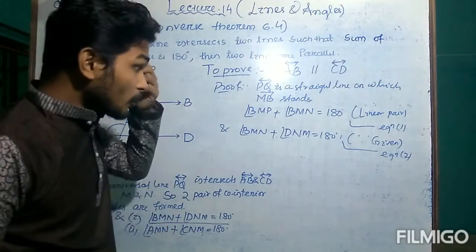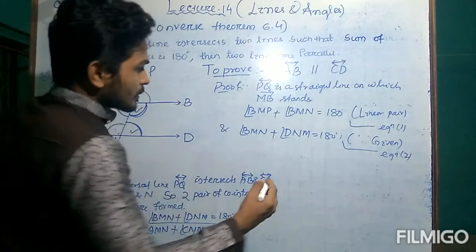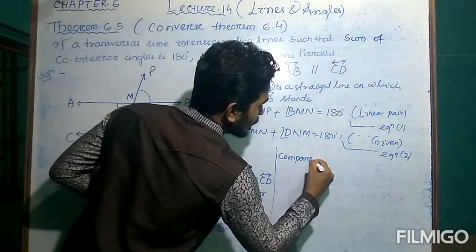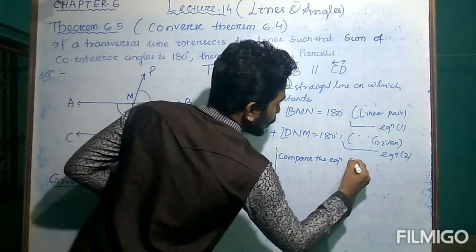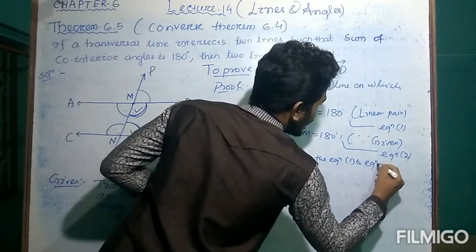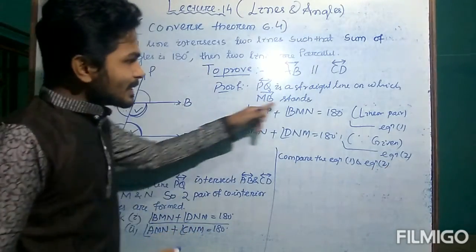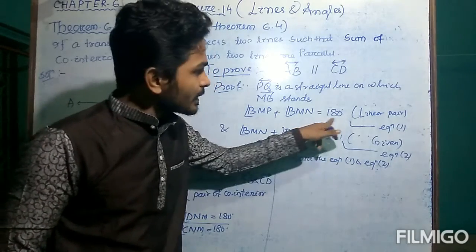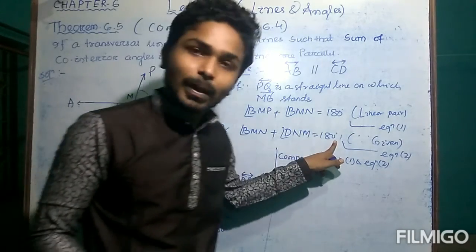Understood? Now you have to compare these two equations. Compare equation 1 and equation 2. Now you can see in equation 1 and equation 2 we have the same RHS. The RHS is 180 degrees here, and here also the RHS is 180 degrees.